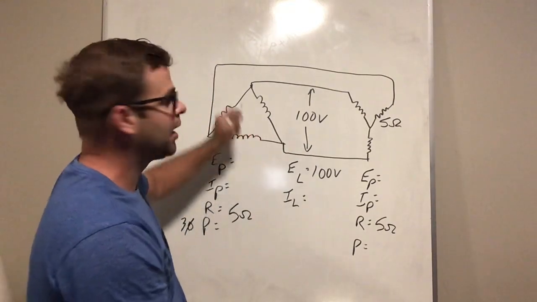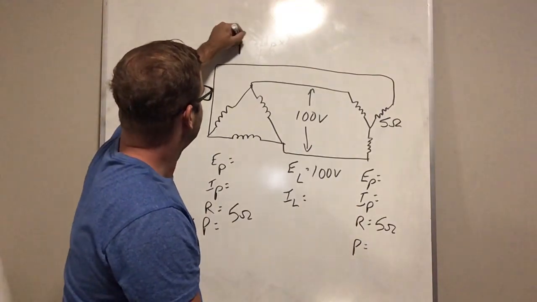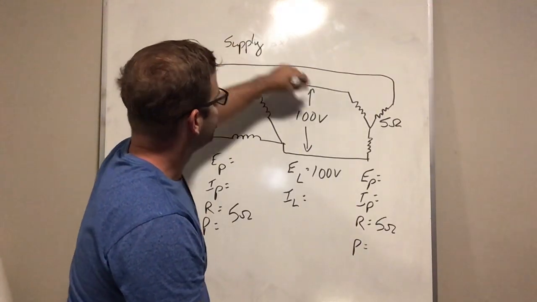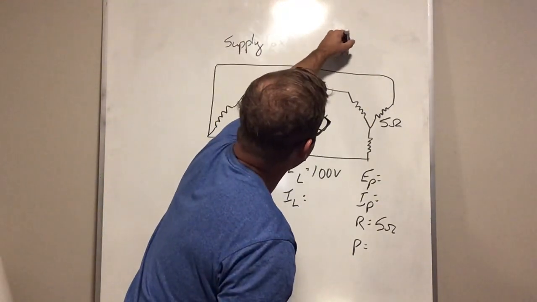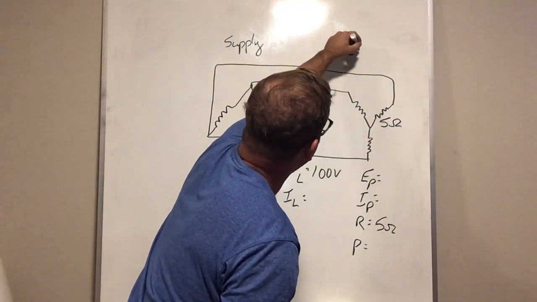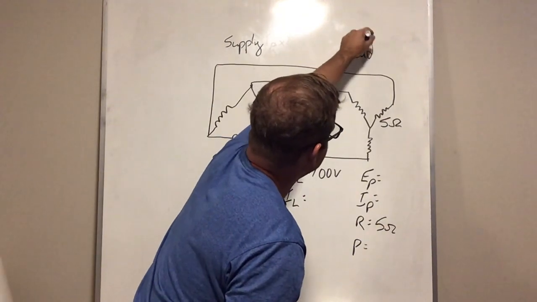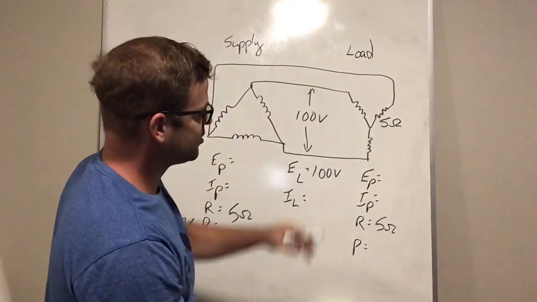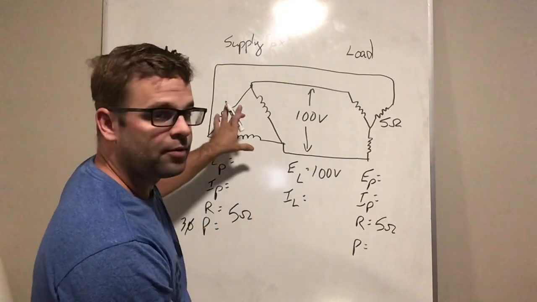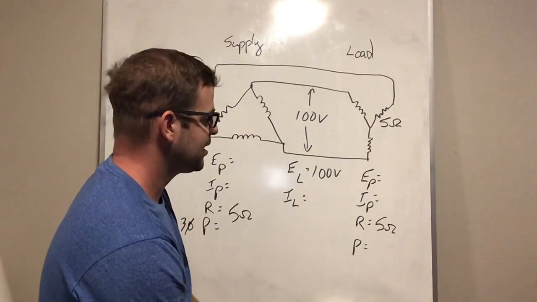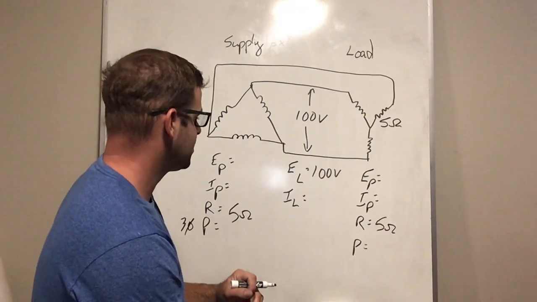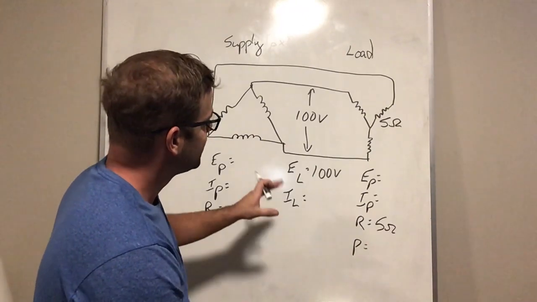Because our supply and our load are not the same type, meaning that one's delta and one's Y, our supply voltage and our load voltage will not be the same. They're going to change, and I'll show you why that is.